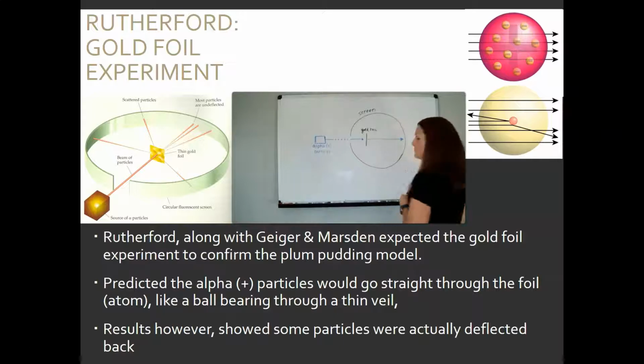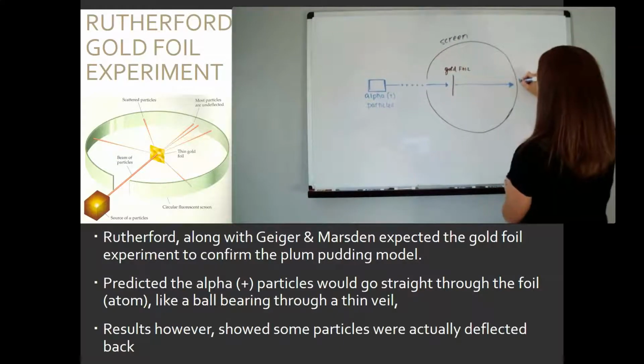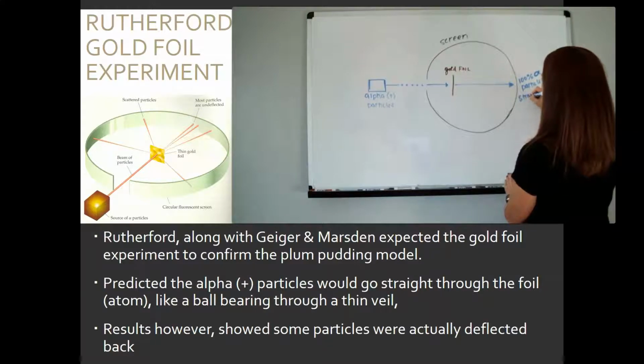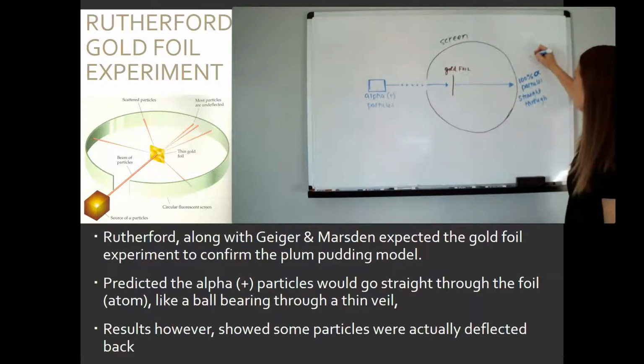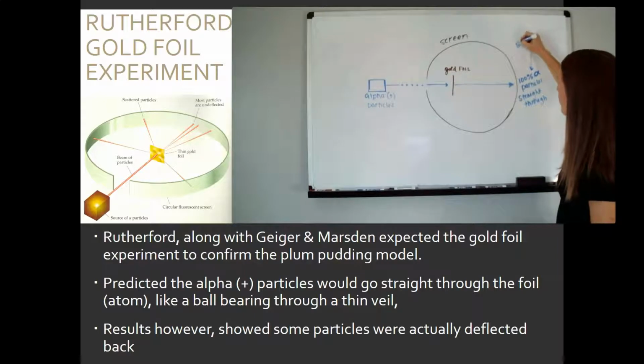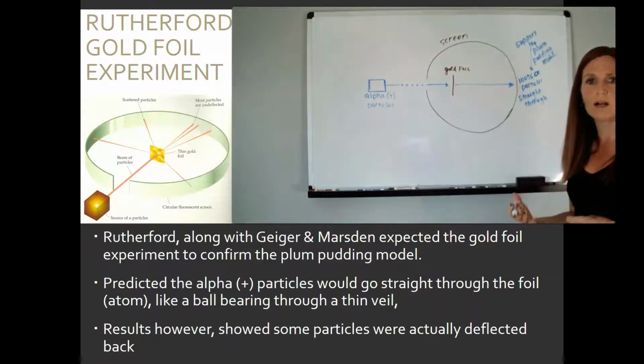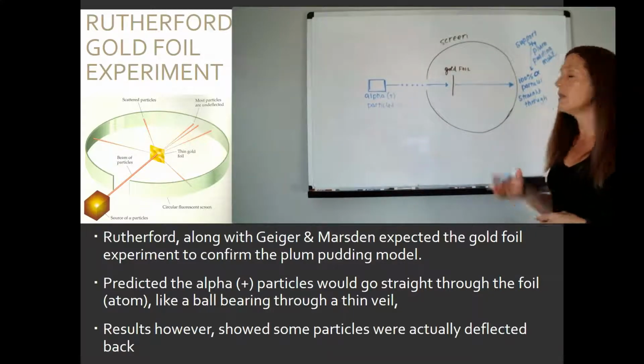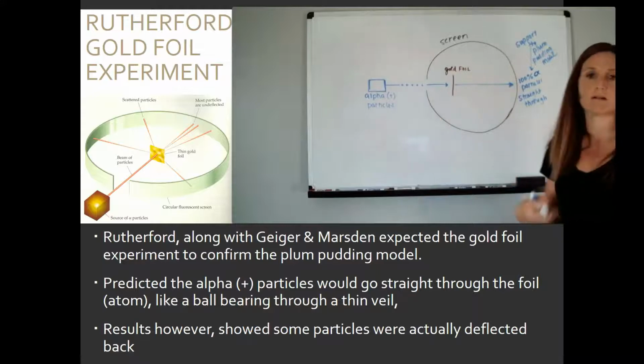So what is expected is to have 100% of the alpha particles go straight through, no problem, okay? This would support the plum pudding model. So this would give support to the plum pudding model if 100% of my particles went through.